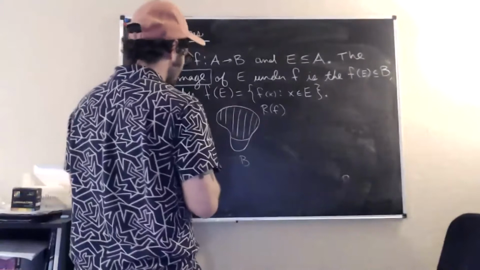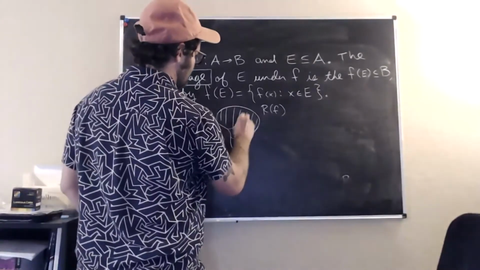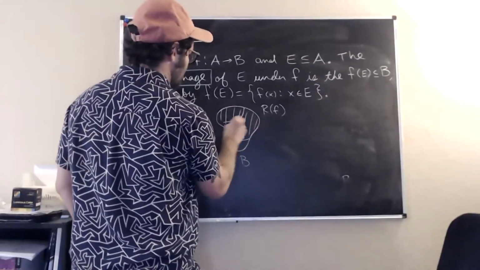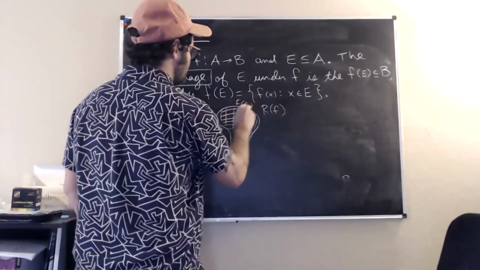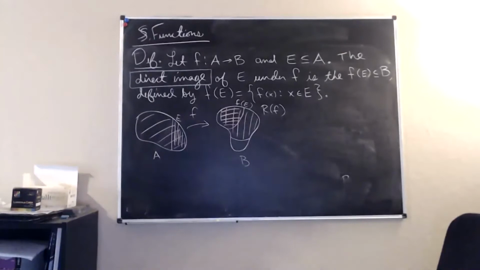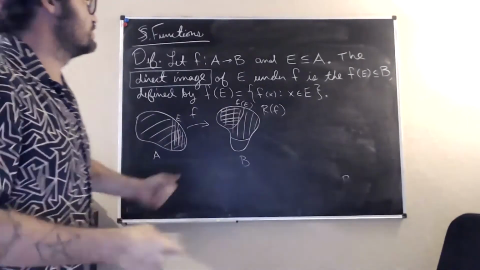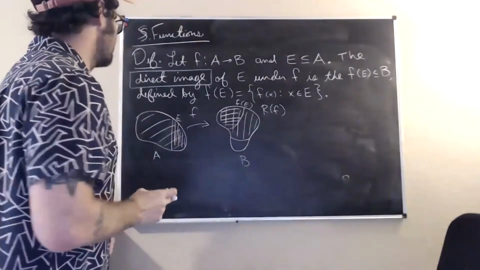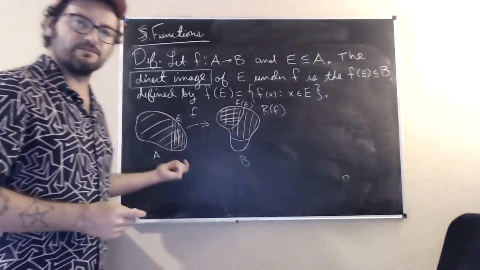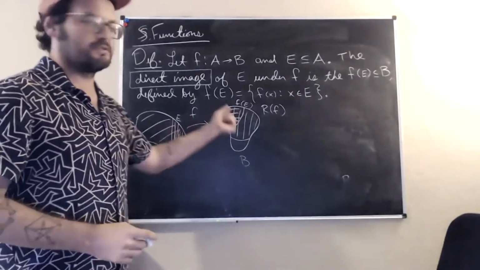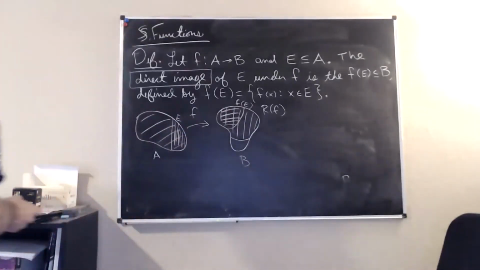So maybe here, that'd be f of E. So basically, another way of thinking about this is just restricting your domain to be some subset of the original domain, and then looking at what f does to that subset. Okay.